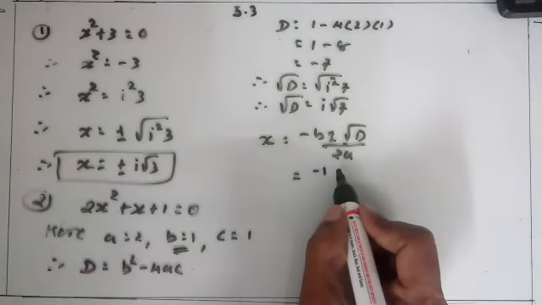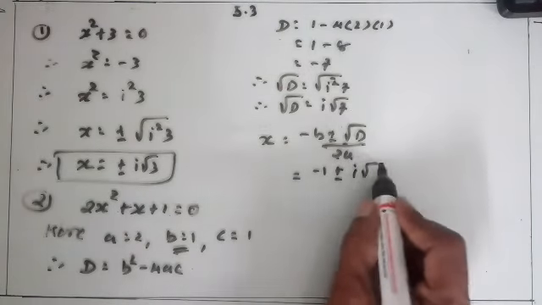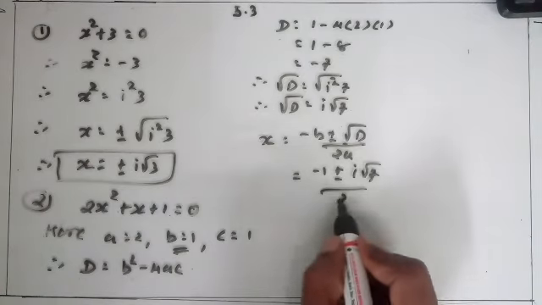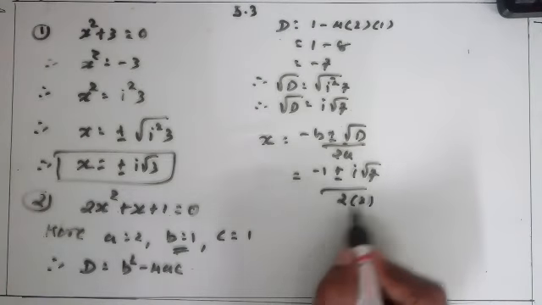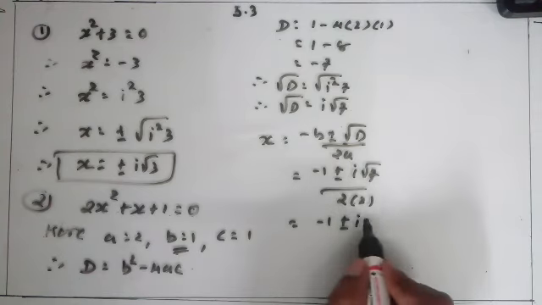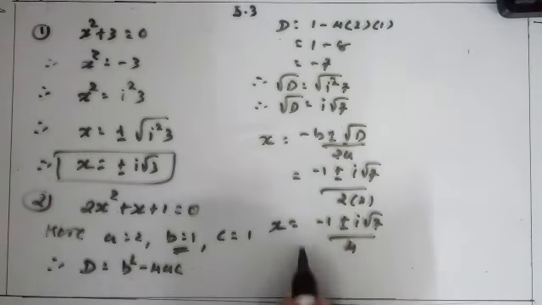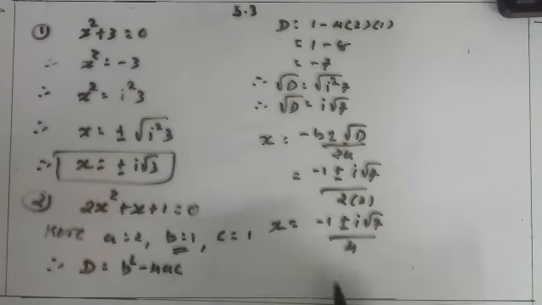So x = (−1 ± i√7) / (2 × 2), and 2 × 2 becomes 4. So one solution is (−1 + i√7) / 4, and the second solution is (−1 − i√7) / 4. Clear?